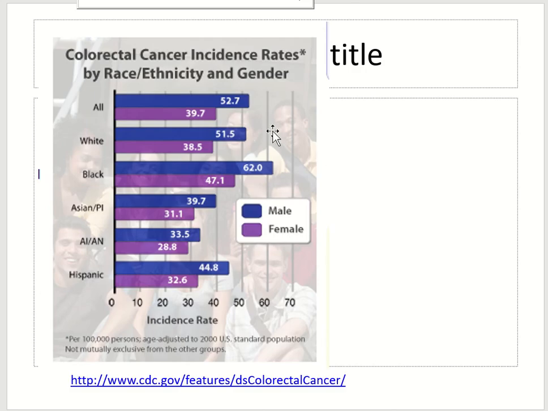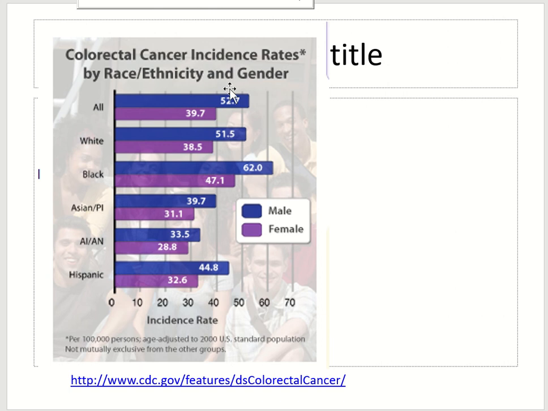These are examples of incidence rate for colorectal cancer, divided by race and ethnicity and gender. You can look at the top, this is all, and for men versus women, and you can see a 52.7.